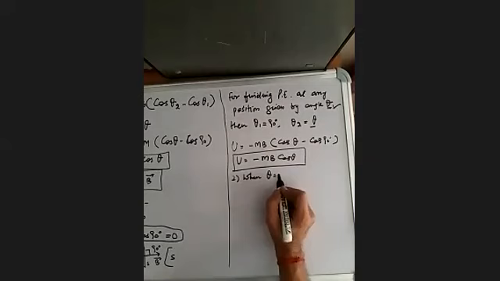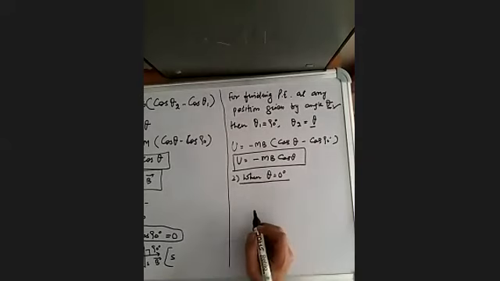Now second, when theta is equal to 0 degrees. Second case is when theta is equal to 0 degree. In that case, U will be equal to minus MB cos 0, which will be equal to minus MB.